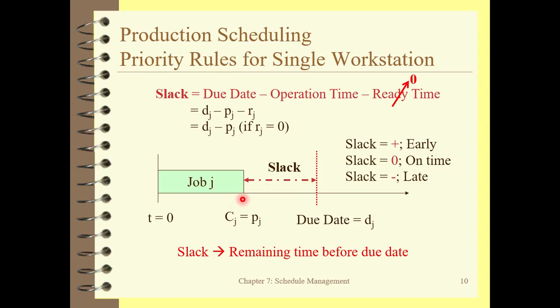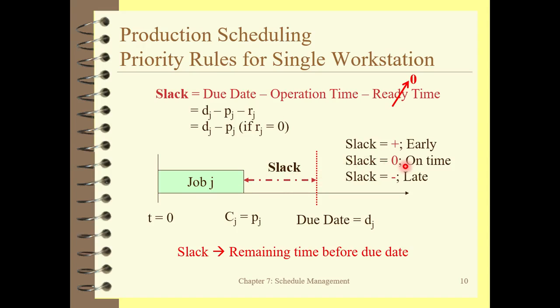The completion time of the job is CJ here. Job J requires PJ, the processing time. Starting at time 0, it finishes at PJ, and PJ is equal to CJ, the completion time of the job. And if the due date is DJ, then slack is the due date minus the completion time. This is the positive slack.